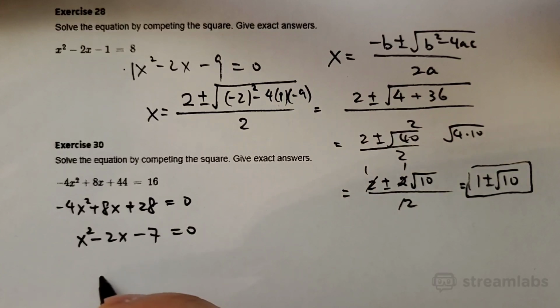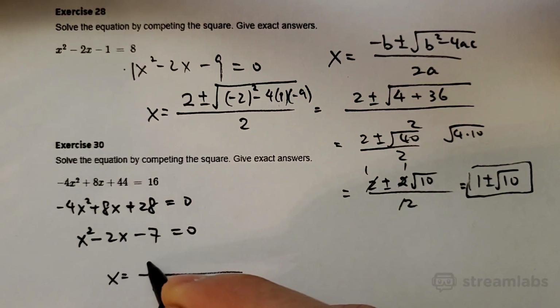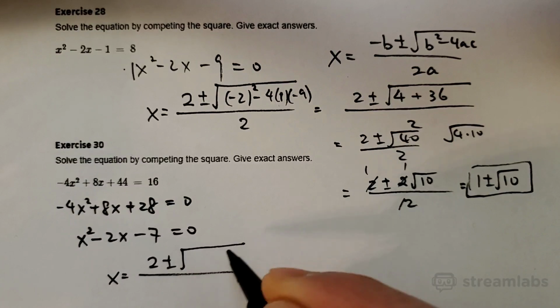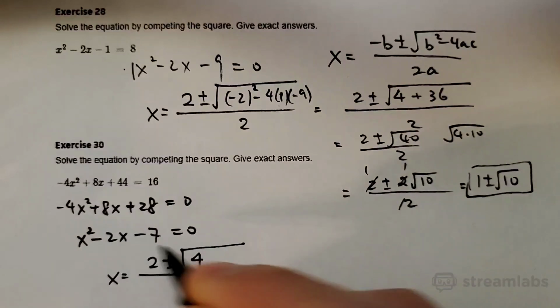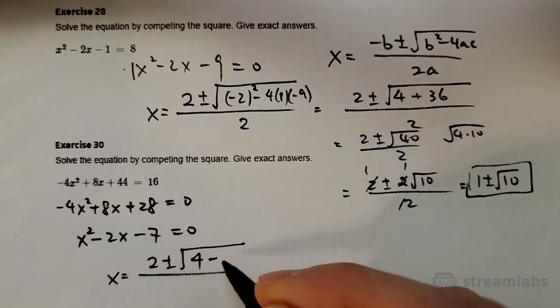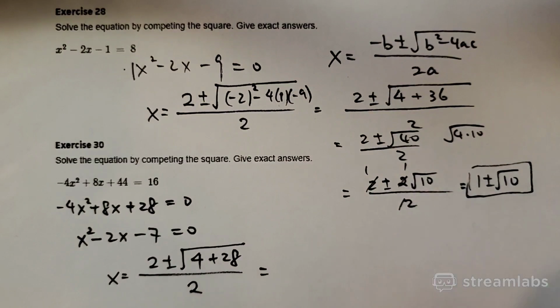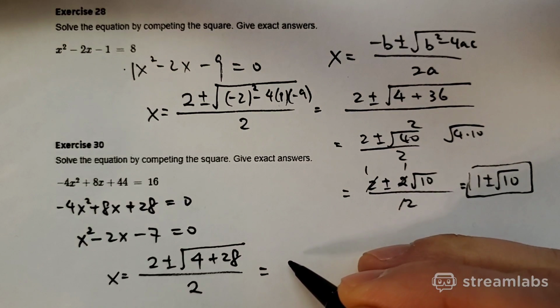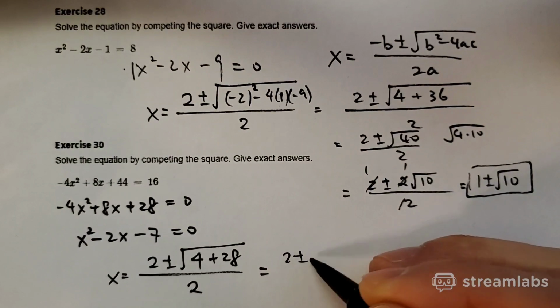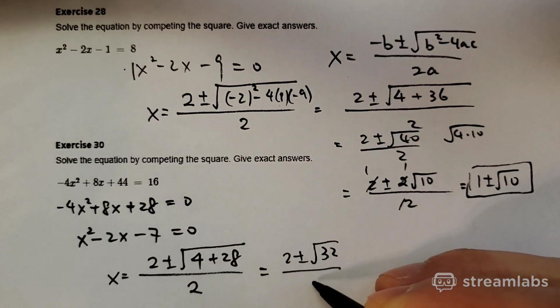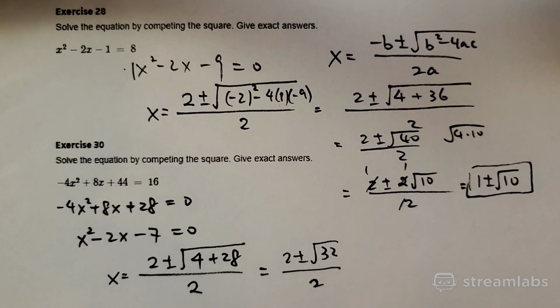So you do the same thing with the quadratic formula. x is equal to negative b plus or minus the square root of b squared, this square is 4, minus 4ac, which is plus 28, over 2a, which is 2. So together, it'd be 2 plus or minus root 32 over 2.